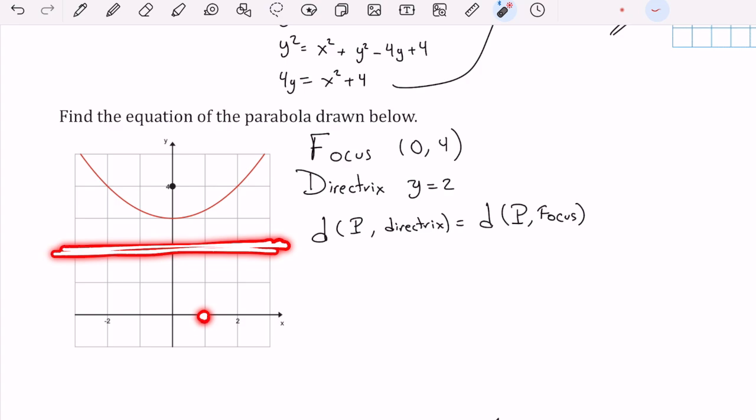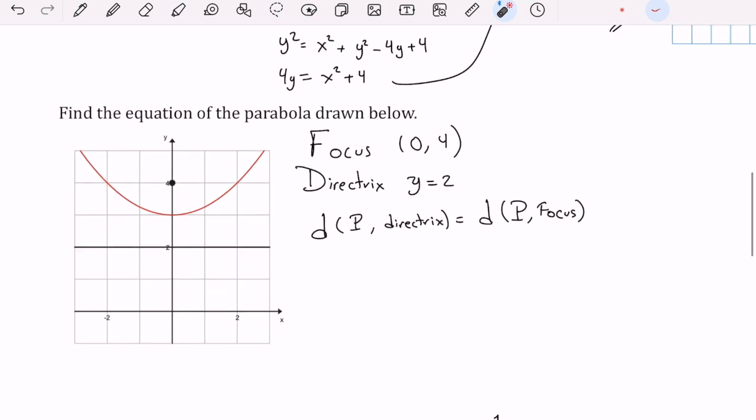Okay, what about the point (-2, 4)? The point (-2, 4) is also at a distance of 2. What is the distance, for example, from (0, 5)? The distance from (0, 5) to the directrix is 3.